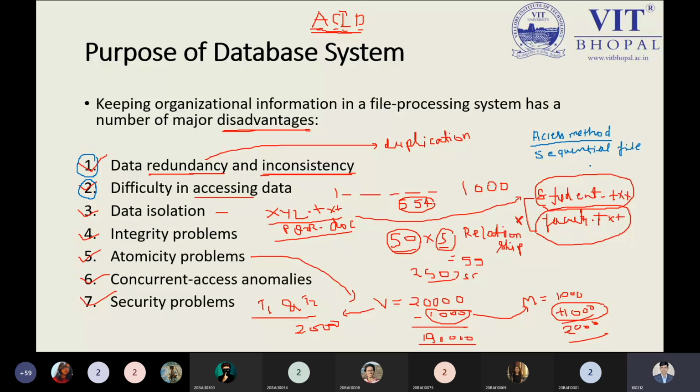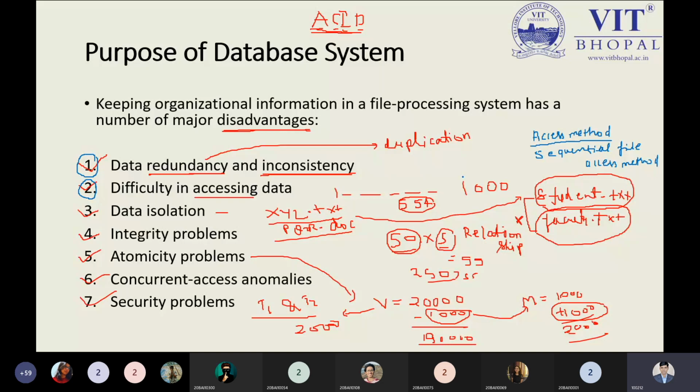But in the case of the database management system, if we need to read such data, we can directly jump with the help of the index file access method. That is the biggest advantage of using the database system rather than the traditional file system.